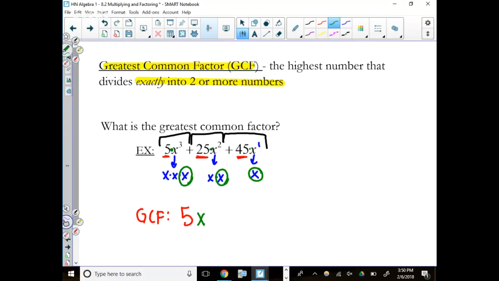If you're looking at the variables, it's what you can circle or what they all have in common. You can see, hopefully, that they don't all have 3 x's, okay? Some people like to go the reverse way, but you're not picking x to the third. What they all have in common. Okay. So that would be the GCF.